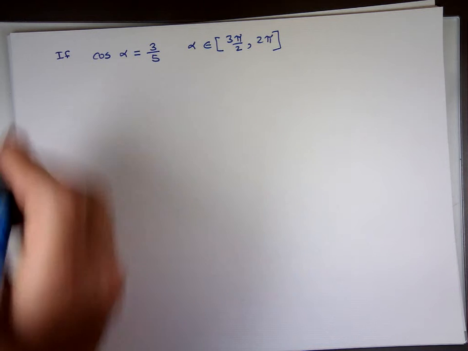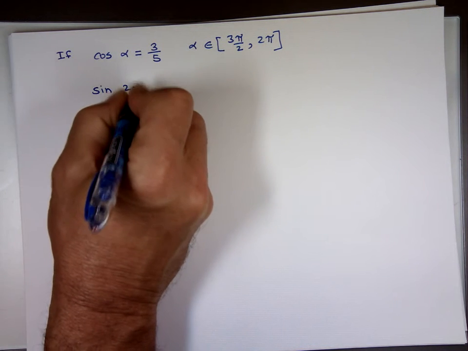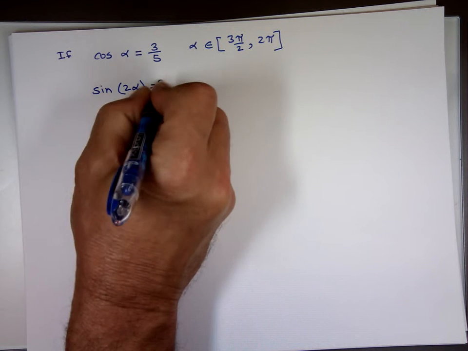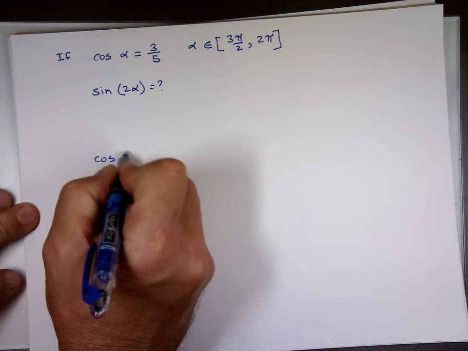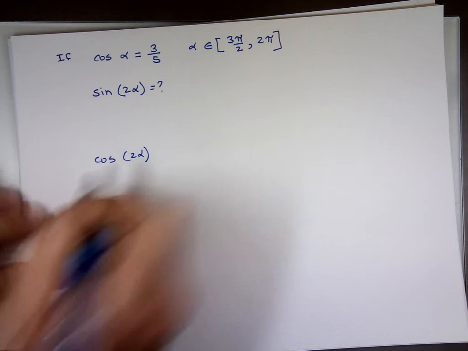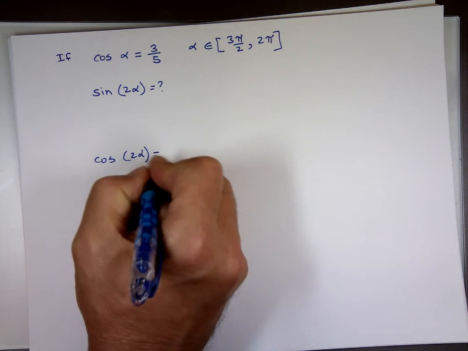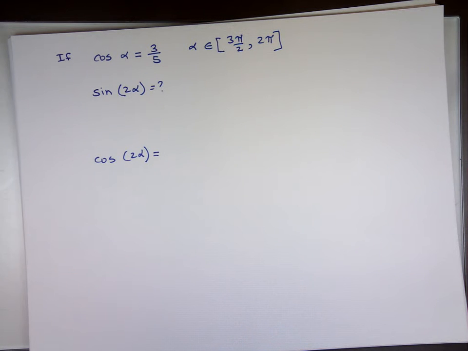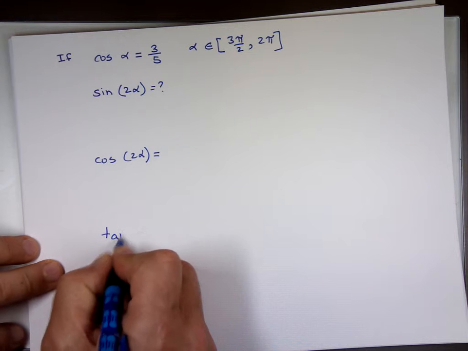The question, can you tell me what is sine 2 alpha equal to? And what's cosine 2 alpha? And what's the tangent of 2 alpha while I'm at it?